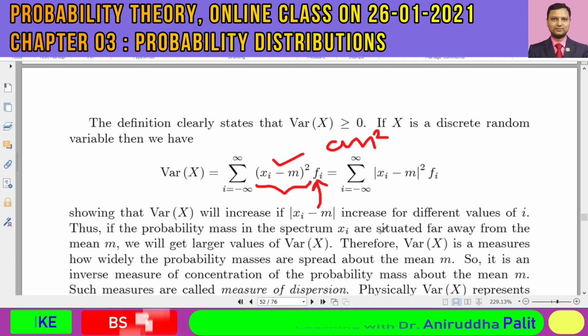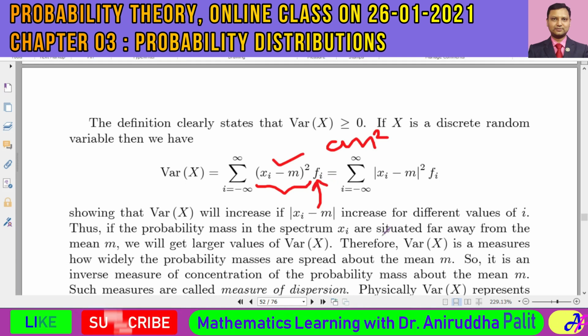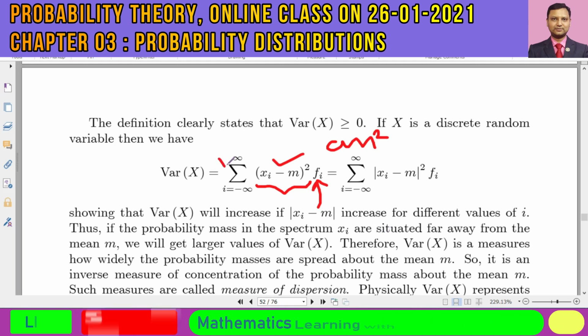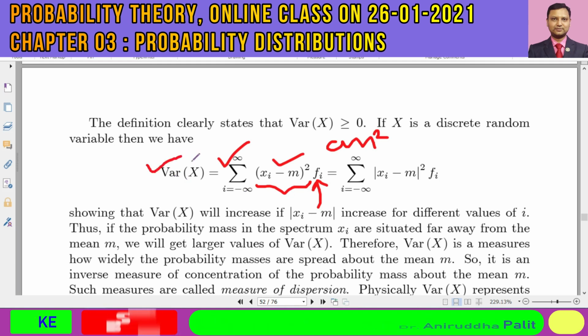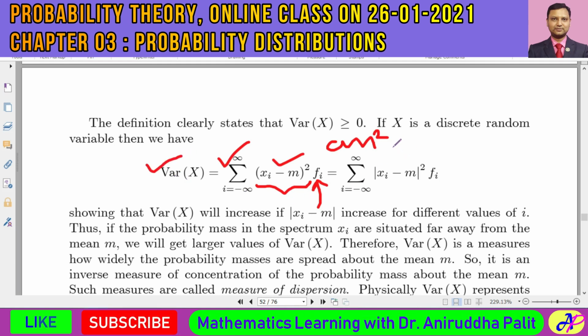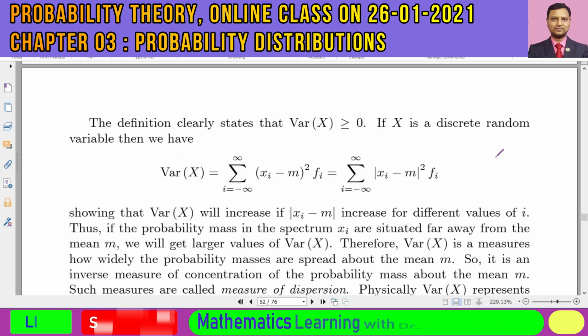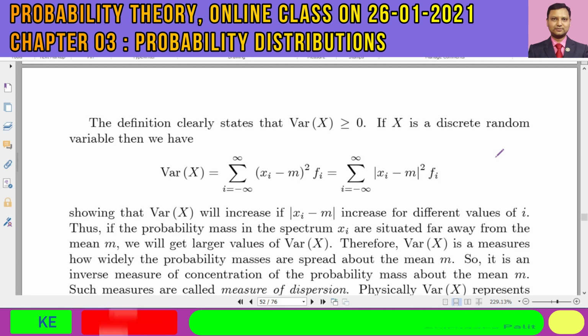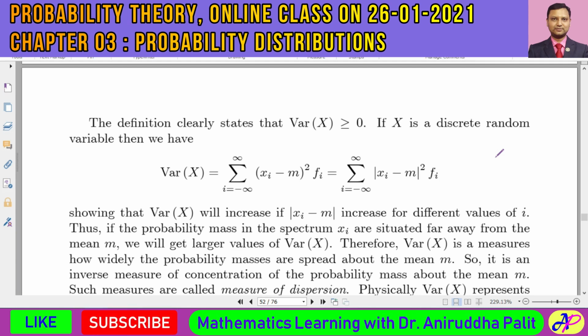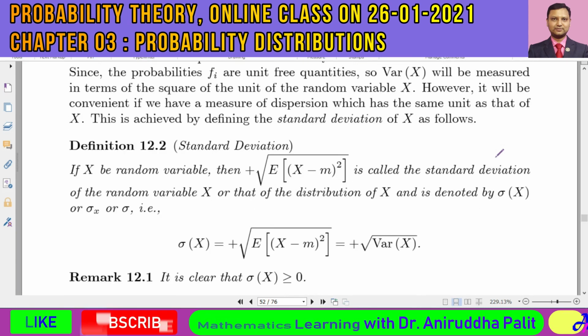It is actually a pure number. So whenever centimeter square is multiplied by a pure number and we take the summation, variance of x will have the unit centimeter square. So variance will be represented in square units, whatever be the unit of x.